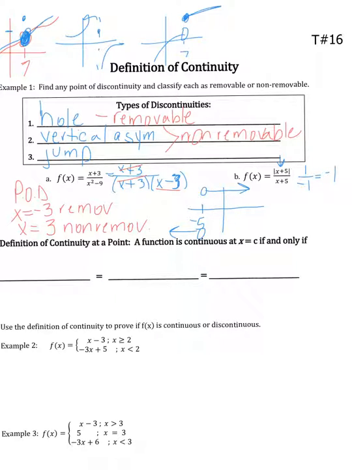Notice I don't have a closed dot on the -5 because it would be undefined there. And even if I did have a graph with a closed dot, it still is a jump. So you have one point of discontinuity, and that POD is at x equals -5, and it's a jump, so it's non-removable. So those kind of questions, that's what you're going to do.